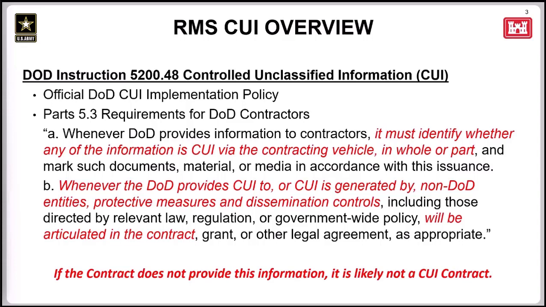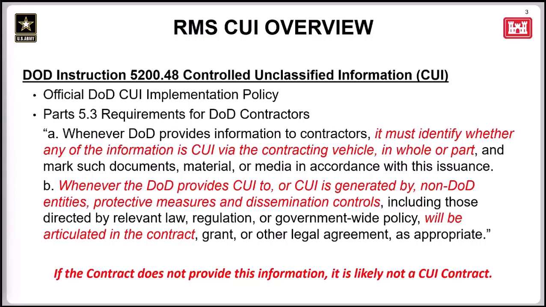The current guidance out there starts from the National Archives guidance on CUI, and then DOD has put together this instruction. In this instruction, it makes it very clear that if we are giving contractors CUI, especially putting CUI documentation in our contracts, then it must be identified as such explicitly in the contract.